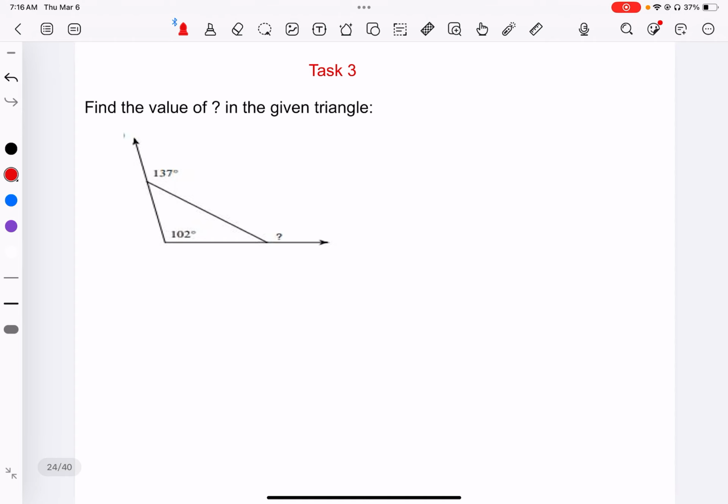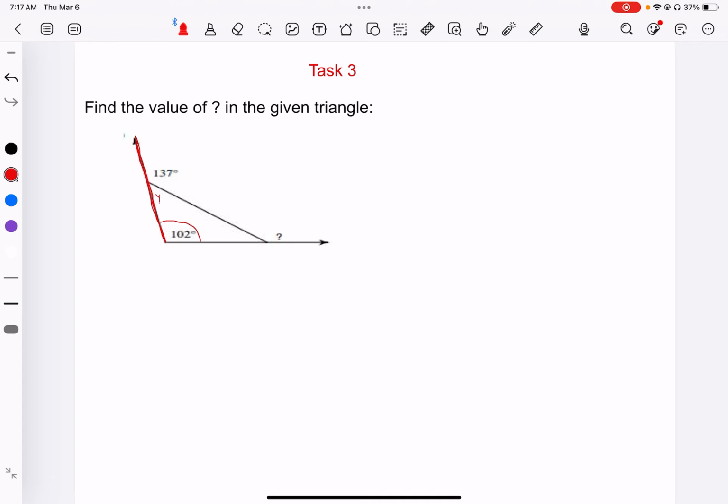Find the value of the question mark in this diagram. Here I notice the question mark is an exterior angle for my triangle. I have one angle measure inside the triangle of 102. I also have this 137 that's outside the triangle. I notice that the 137 forms a straight line with this interior angle of the triangle.